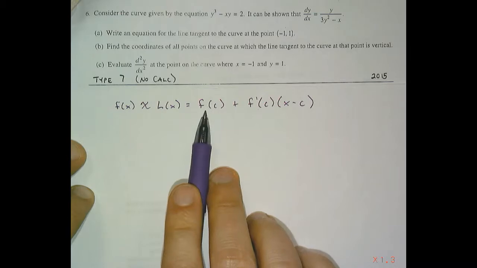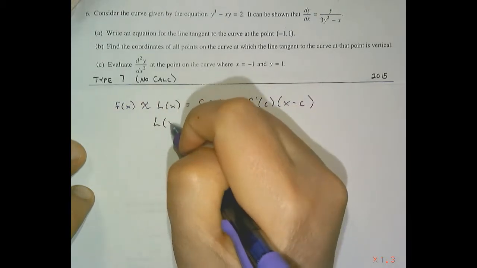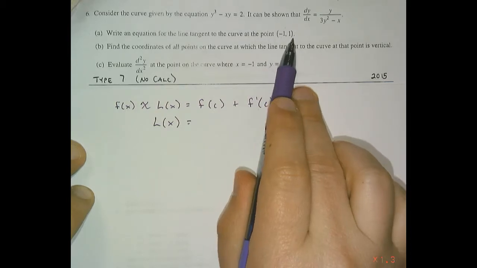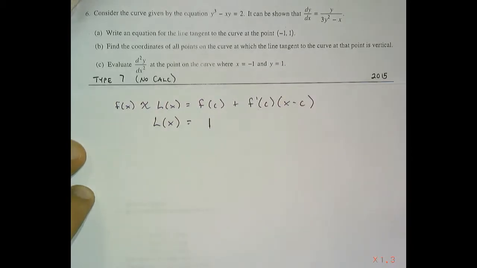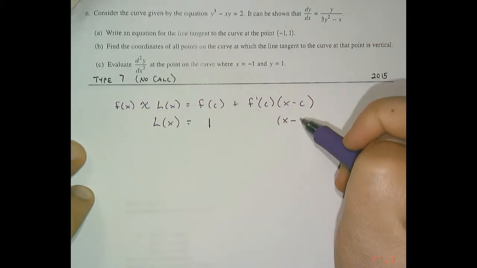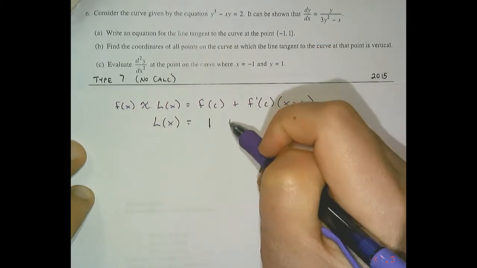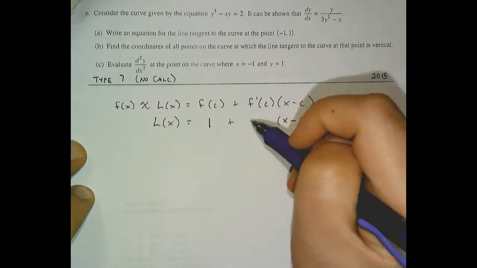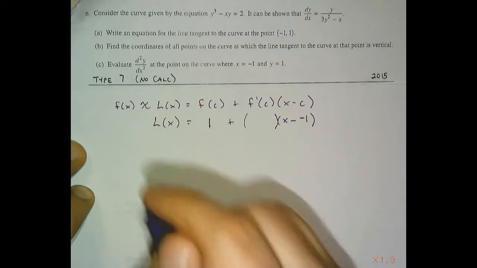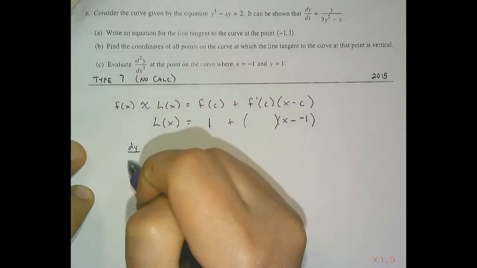This is the y coordinate, and they give us the y coordinate. They're saying find the tangent line at negative 1, 1. So our y coordinate is 1, and the x coordinate is negative 1. The only calculation that we need to do is compute our slope.